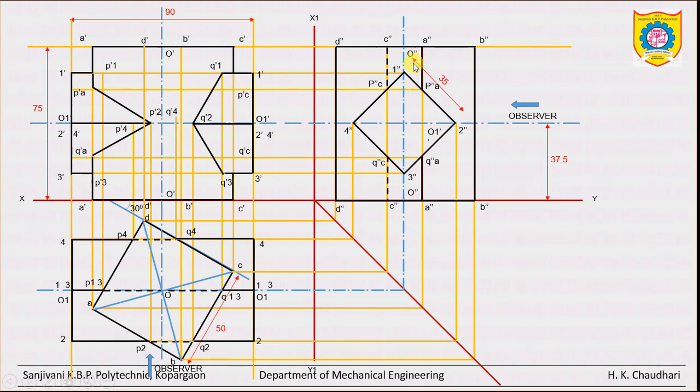Okay, but now up to 1 we can join PA. Okay, but it is behind the AB face. See, behind this AB face, so make this part hidden. How? See carefully this part.